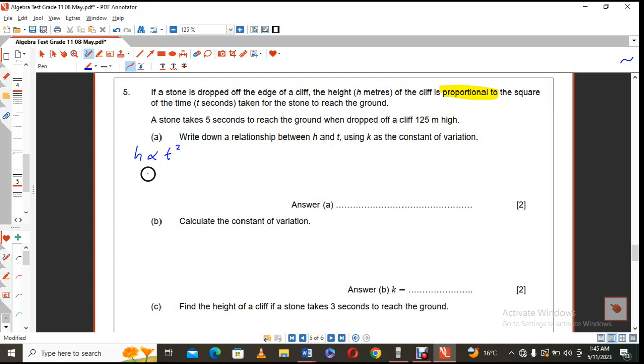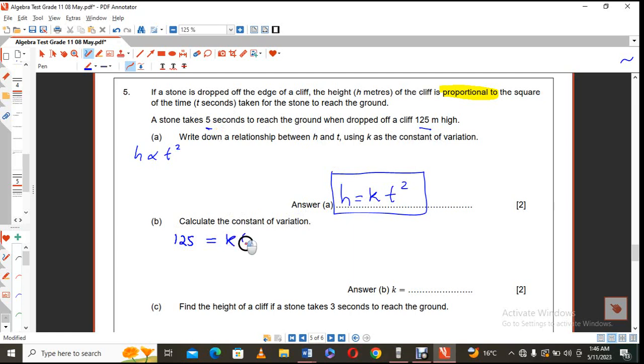Well, the relationship would be, since h is directly proportional to t squared, h will equal some constant or variation, multiplied by t squared. So this is the relationship that's going to exist there. And when you have to find that constant that I'm representing with the letter k, I now need this information that I'm given over here. They say the height is 125.